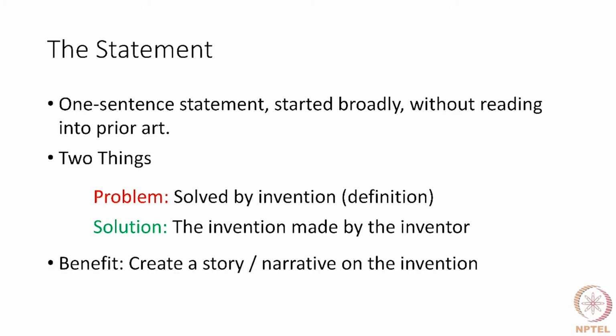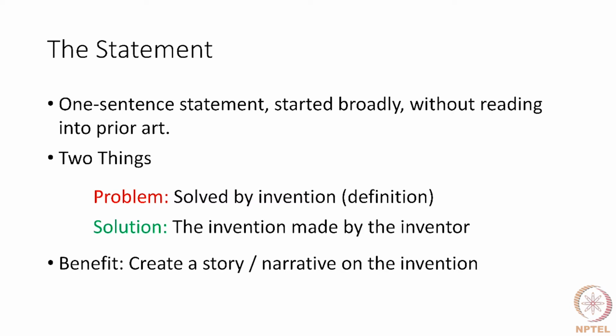Now, this is being done so that you can create a narrative on the invention, because if you look at any patent specification, they read like a story. It is the story of the invention, to put it in another way. One of the benefits of having a problem solution statement, or having the problem solution approach dictating your patent drafting, is that you can be consistent throughout your patent specification.